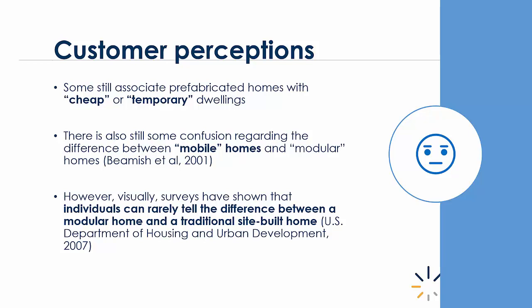And so it's an interesting little contradiction there, that they have these negative associations with modular and prefab homes, and yet they're not able to distinguish them visually from traditional construction methods. So that is something I think that needs to be leveraged, the fact that the appearance of prefabricated and modular homes is actually really impressive and really good when compared to traditional construction methods, and indeed indistinguishable. So I think a lot of people are unaware of that fact, and that needs to be put front and center when it comes to things like marketing.